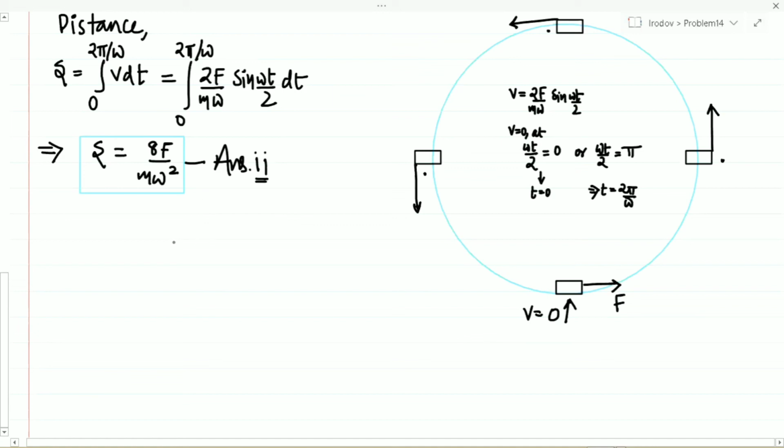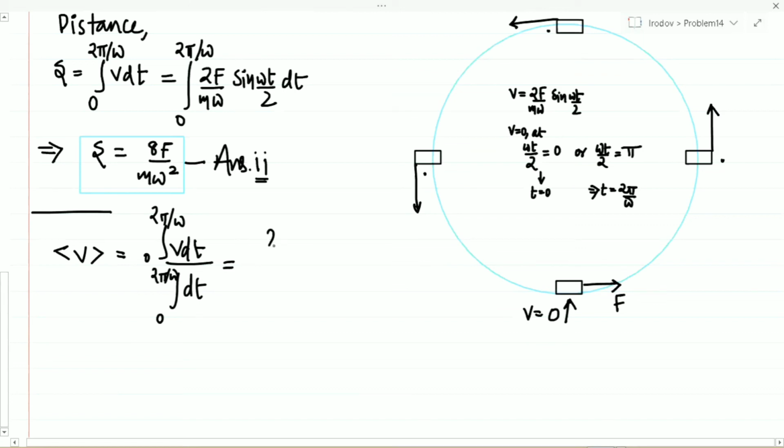Now we will also talk about the mean velocity during this time. The mean velocity can be calculated using this formula, integration v dt divided by integration dt, from 0 to 2 pi by omega.